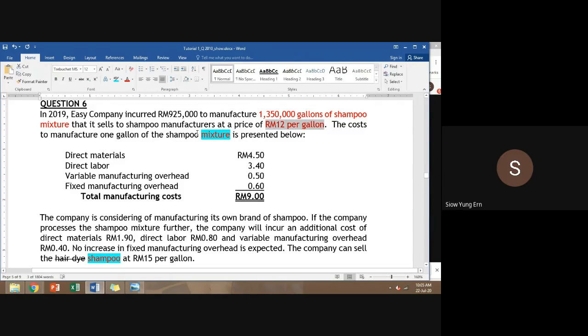Class, can you add in this word mixture into your question? Is presented below. Okay, so this manufacturing cost that they've given to you basically is for 1 gallon of shampoo mixture.